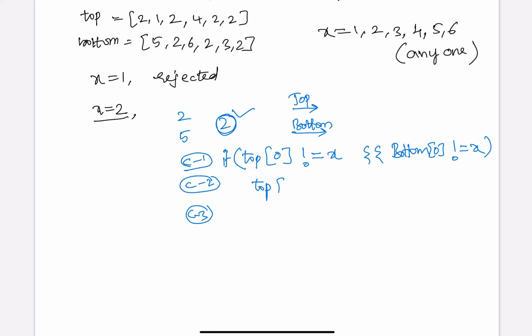If top of 0 is not equal to x, this is another case, and if bottom of 0 is not equal to x, that is another.